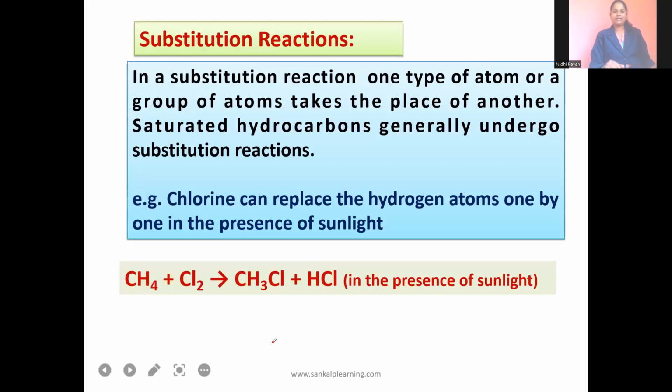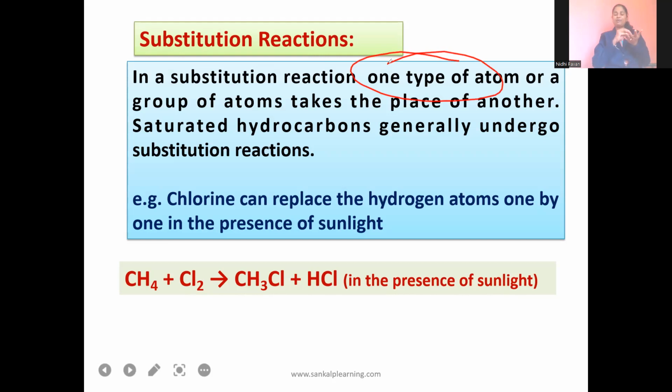Okay. Next, the last type of reaction is substitution reaction, guys. As you know, in maths, especially in algebra, we use substitute, meaning inserting one value in place of another when the values are equal. So in a substitution reaction, one type of atom is replaced by another type of atom or group of atoms.